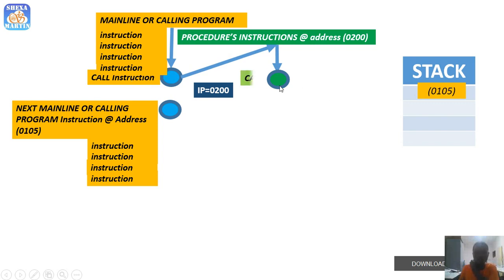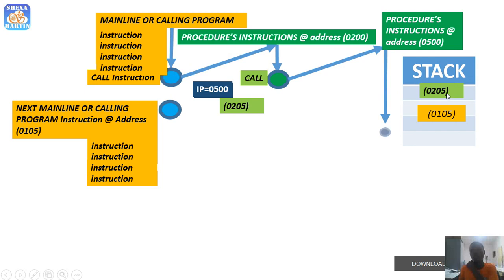The moment we say call, the IP register is populated with the address of the next instruction to be executed in the called procedure, and the return address is moved to the top of the stack.